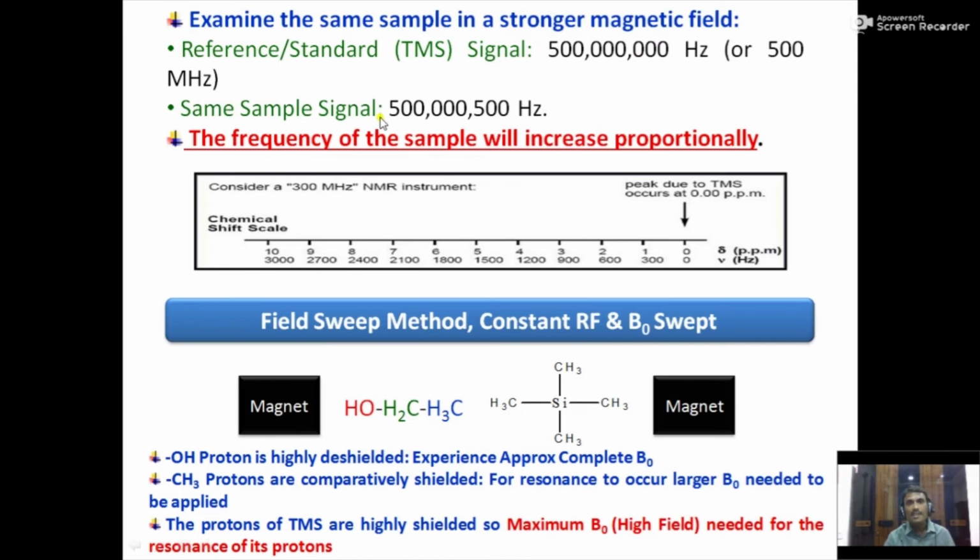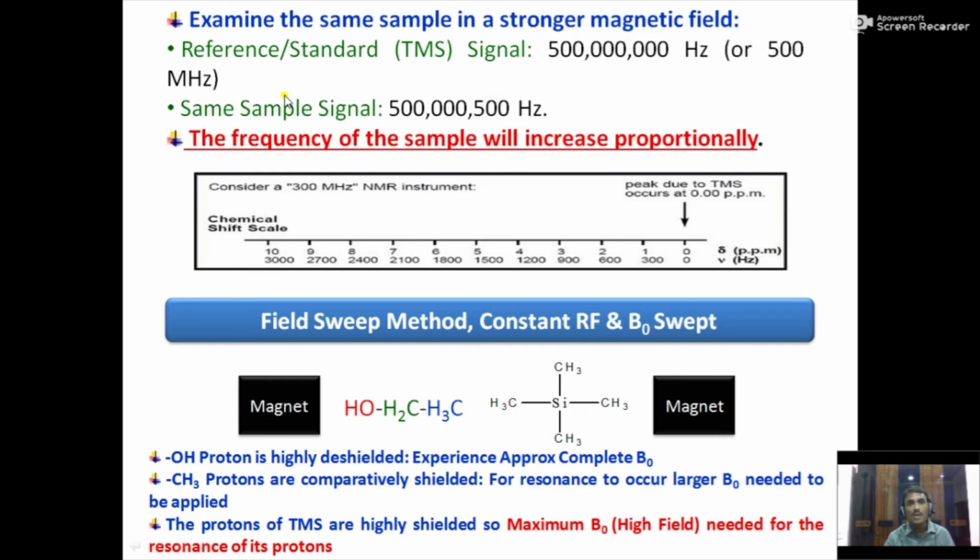The sample signal will appear at 500 million 500 hertz. So if you take the difference between the two, the difference is 500 hertz. So just simply divide this 500 hertz by 500 million hertz, and you will again get 1 by 10 raised to 6, that is 1 ppm.